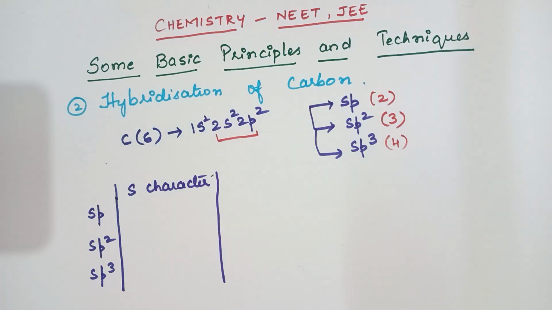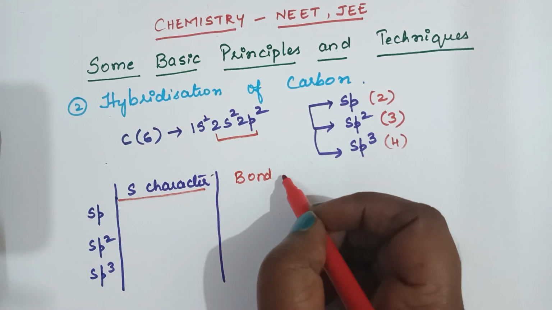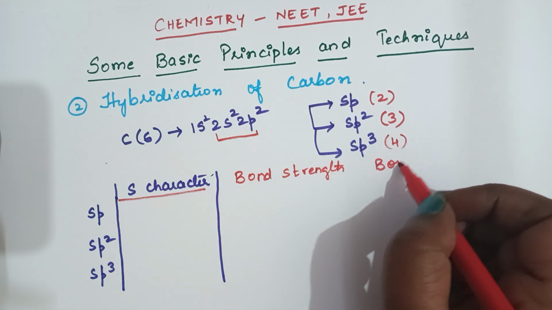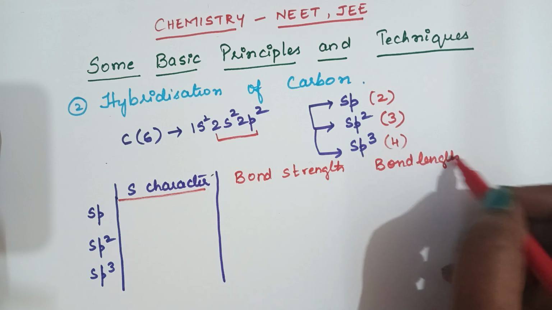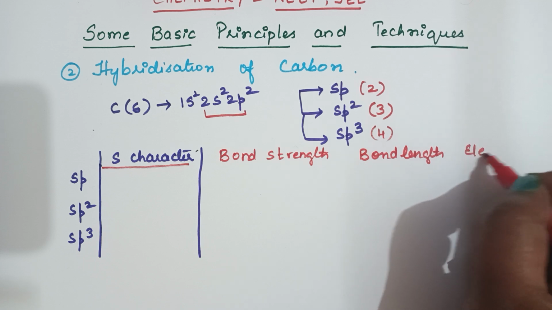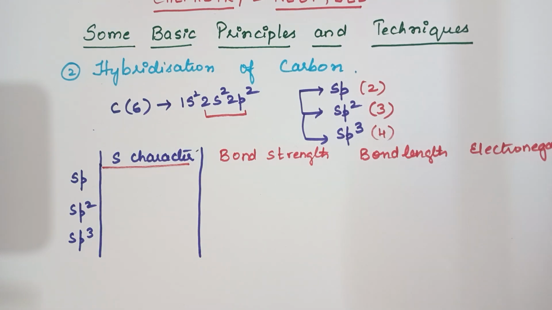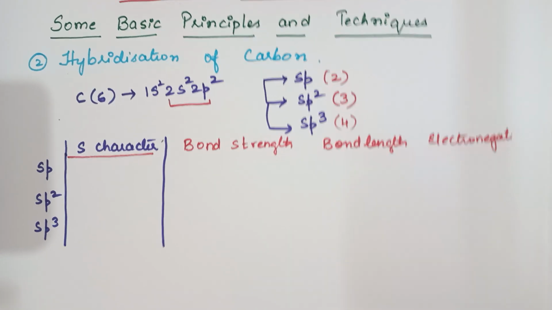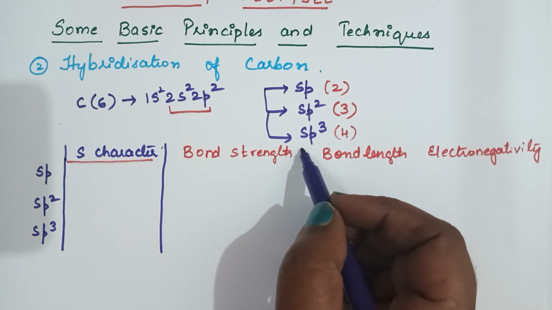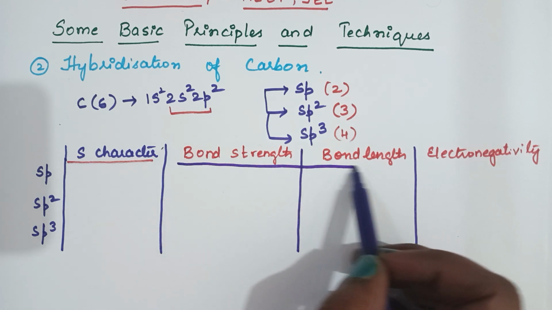Second, bond strength. Next, bond length. Next is electronegativity. If you find the hybridization, you can easily find all of this. So let us see how.